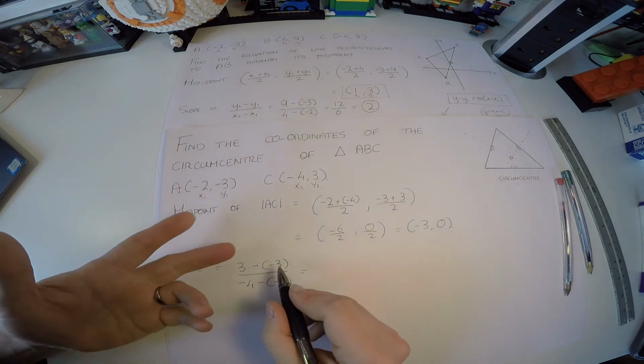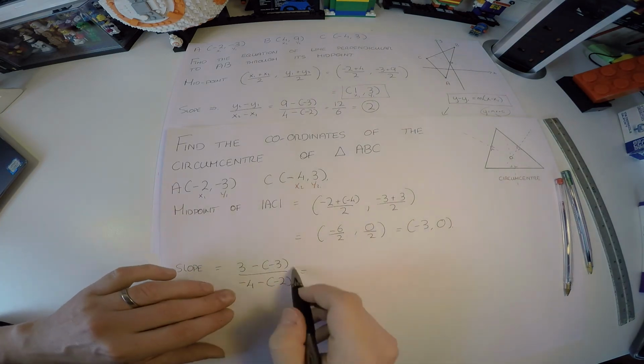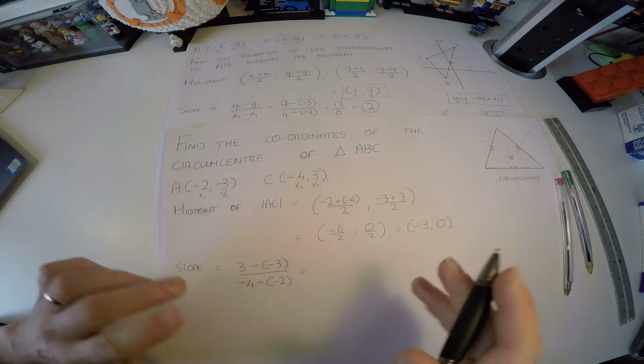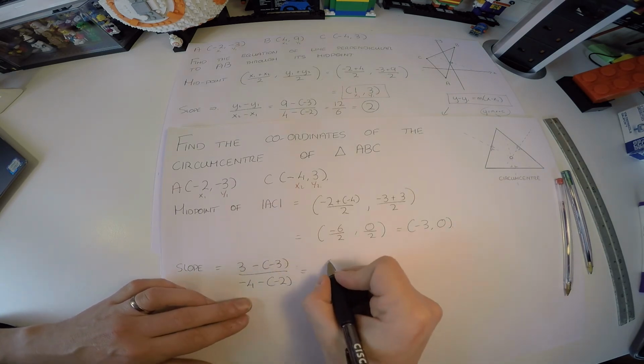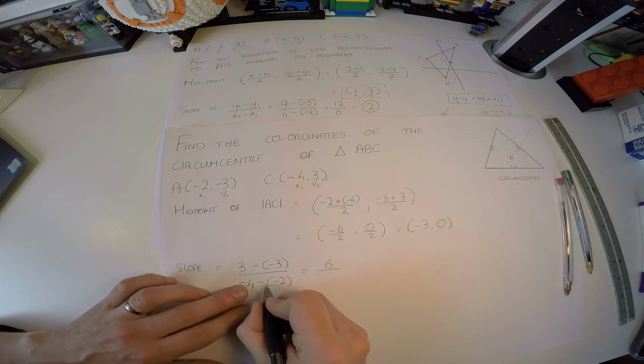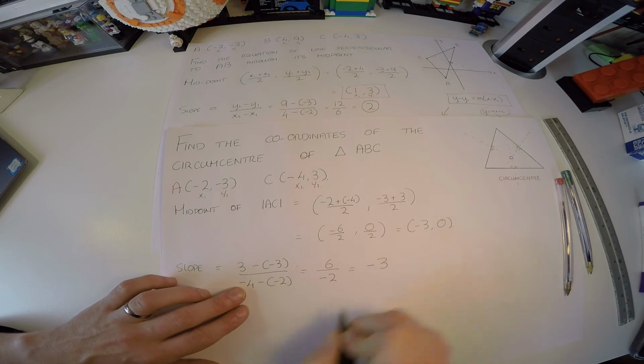I really am a big fan of using these brackets because I really think this question is very easy. I mean, you're going to get caught out with small mistakes here. You're going to give away easy marks. So just always use brackets, just a good idea. 3 minus minus 3, that's 3 plus 3. Minus 4 minus minus 2, that's minus 4 plus 2, which is a minus 2. And of course that is a minus 3.